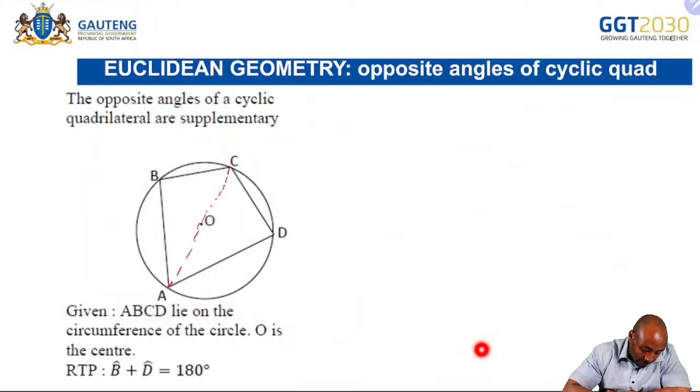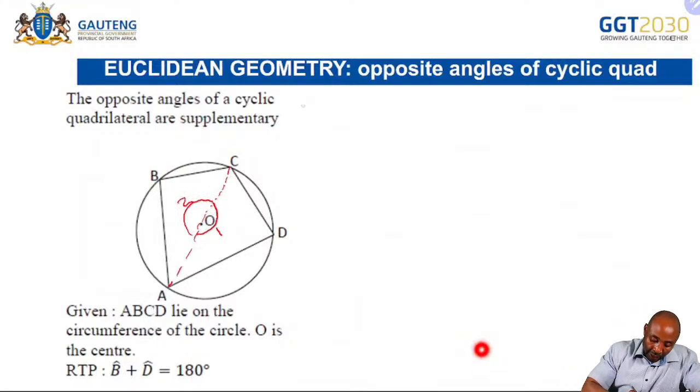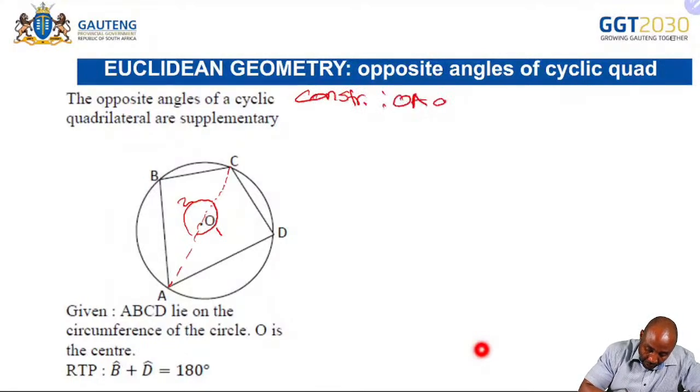I will name this angle this side as 1. I will name that angle above as 2. So my construction statement, I will construct OA and OC.